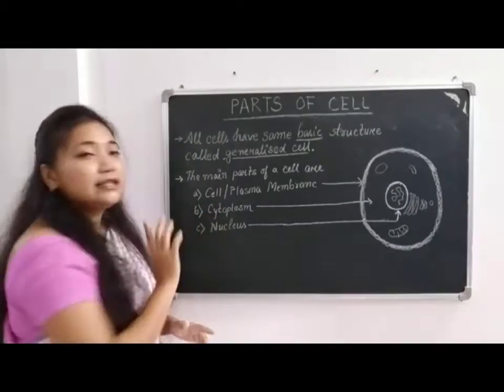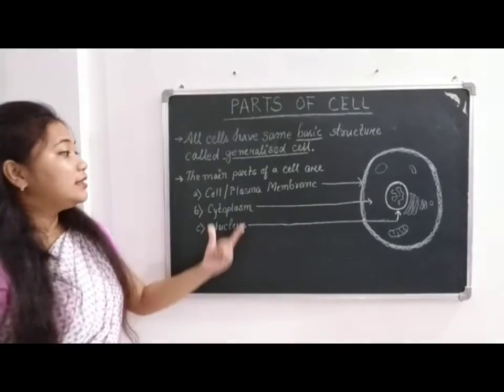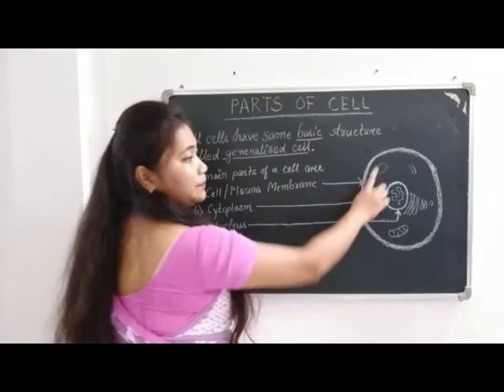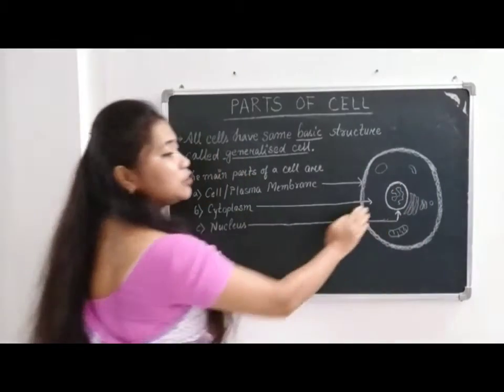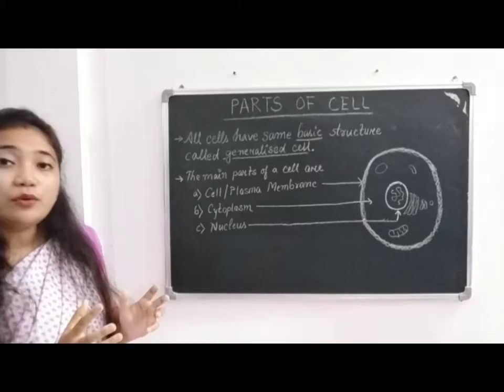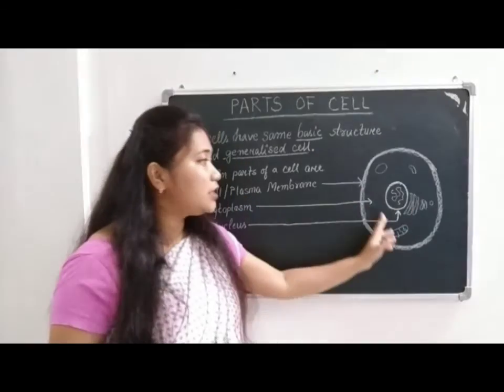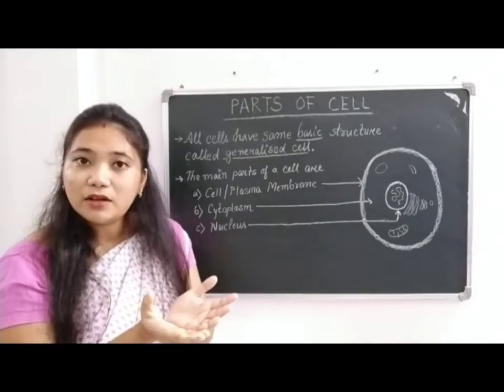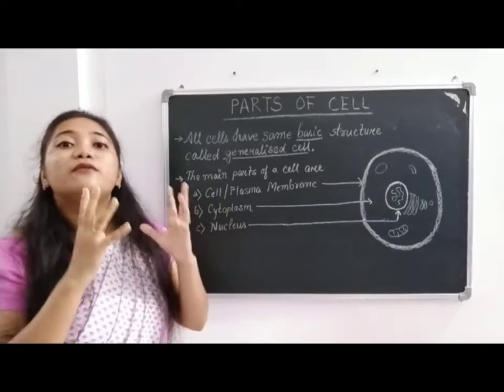The second one is the cytoplasm. The cytoplasm is this inner portion. It is a fluid portion, it is liquid. There is a fluid portion inside the plasma membrane. There is the plasma membrane outside, and inside it there is fluid.